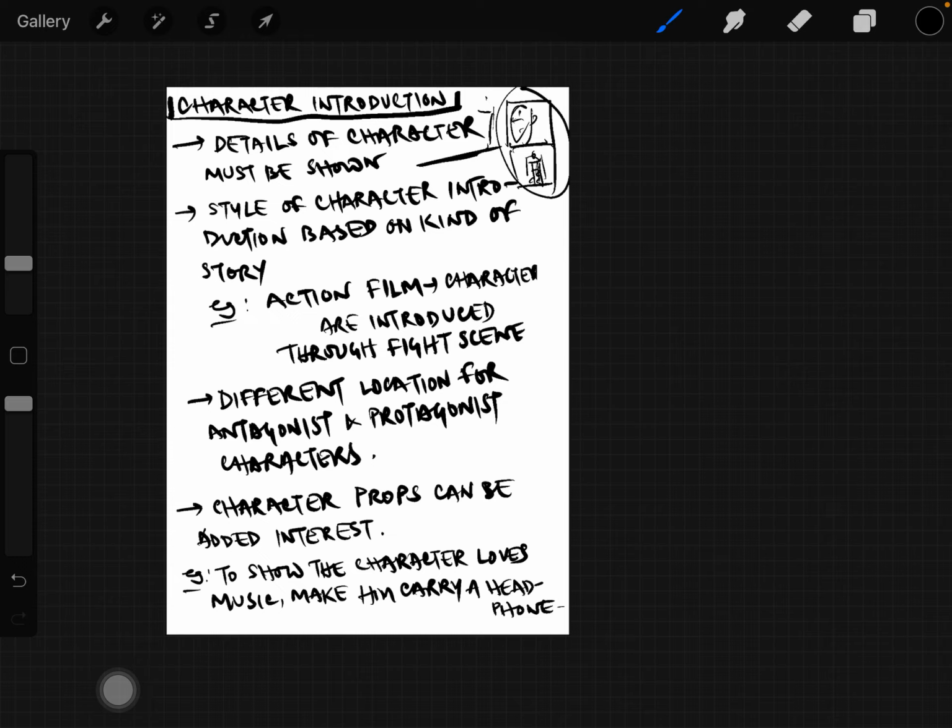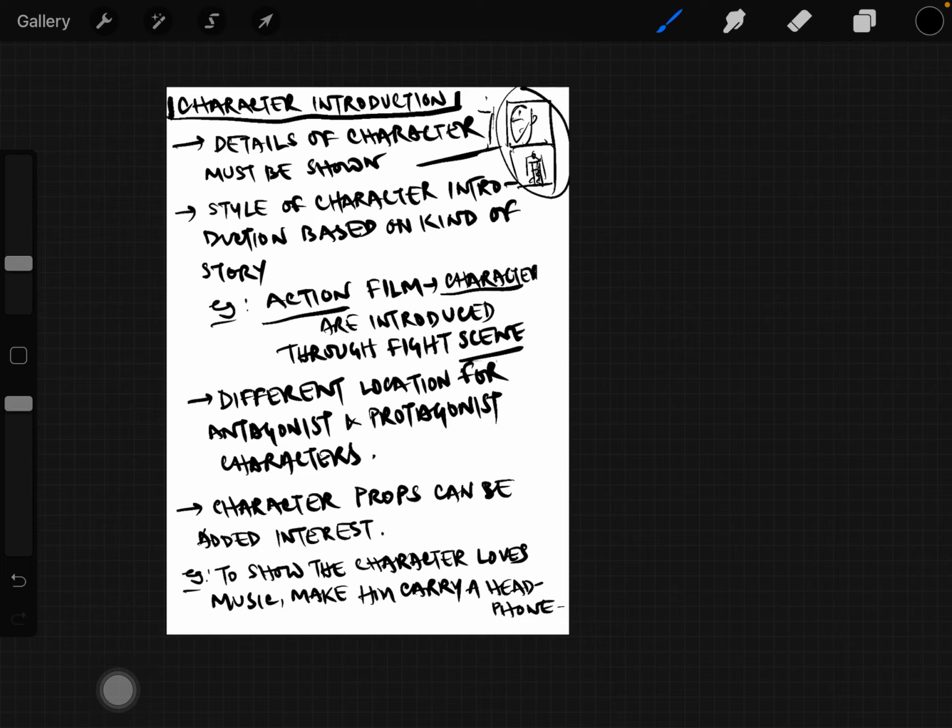Now how you are introducing a character is sometimes based on what kind of story it is. For example, if it's an action film, characters are introduced through fight scenes. In most action films, you will see that they show the main characters at the beginning of the film in a fight scene, right? That will show that, first of all, we are seeing an action film, and this character is a fighter or a soldier or a police officer or whatever it is, right?